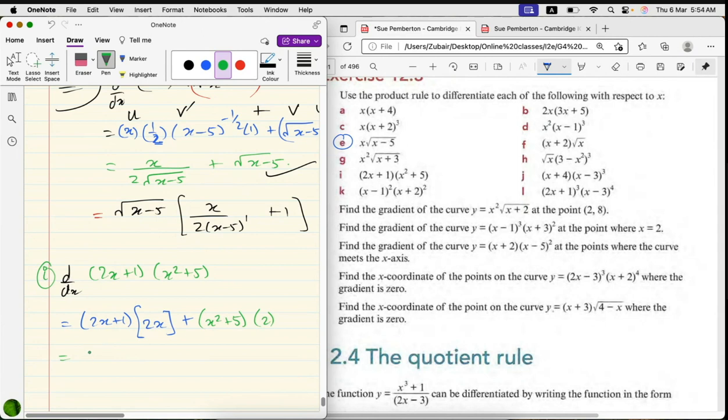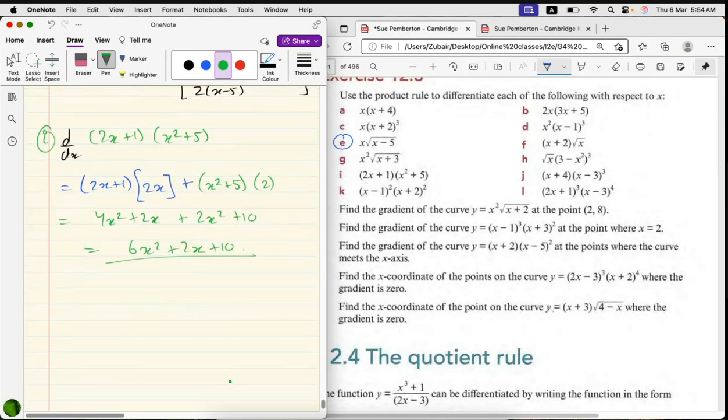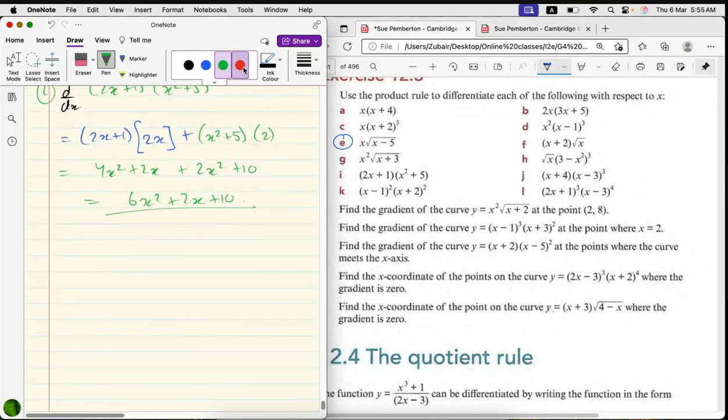And then we can simplify. 4x squared plus 2x plus 2x squared plus 10, and 4 and 2 is 6x squared plus 2x plus 10. Okay, try J part.